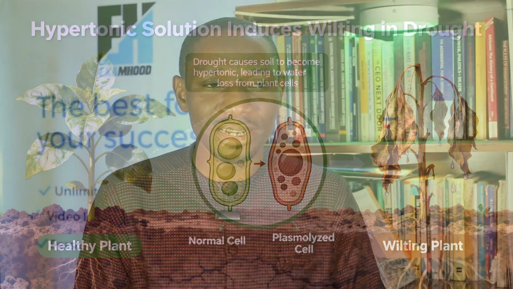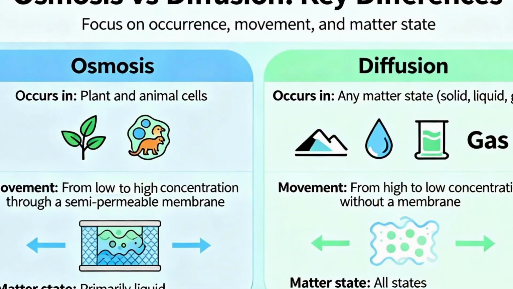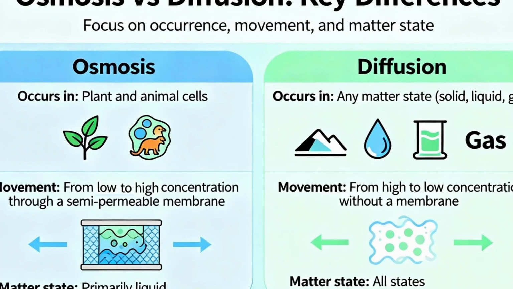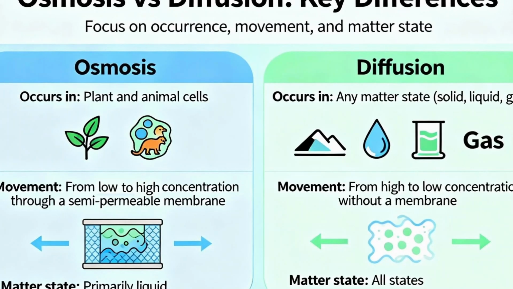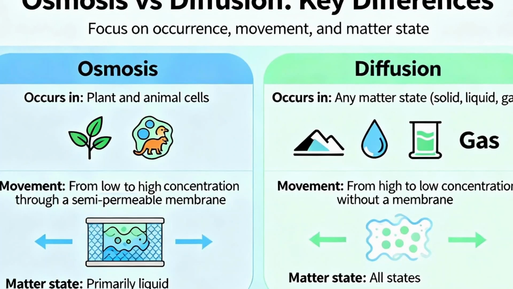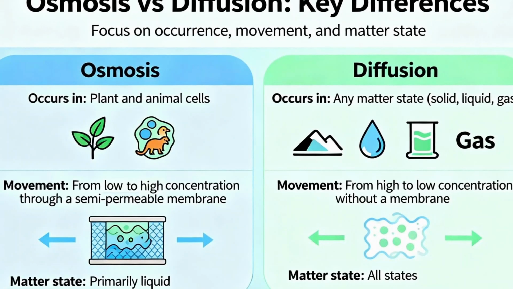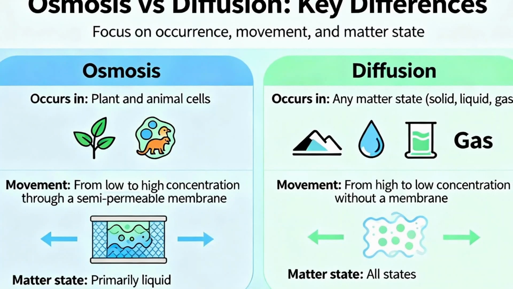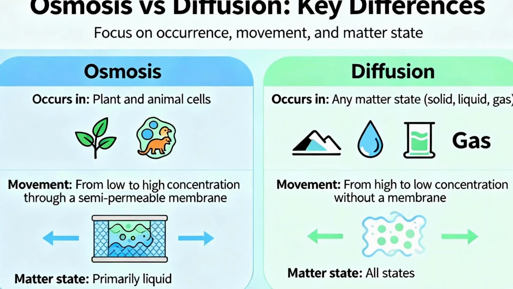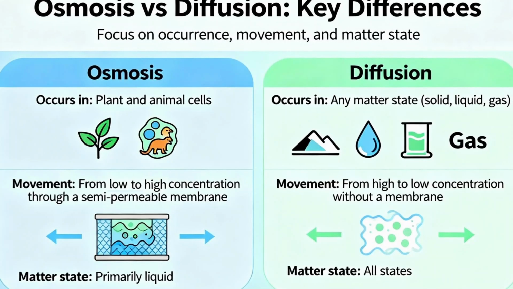Now remember, there are differences between osmosis and diffusion. These are terms that are used together. What are the key differences between osmosis and diffusion? The first one is that in osmosis, there is a semi-permeable membrane, while in diffusion, there's no semi-permeable membrane. Then another one is that in osmosis, it moves from the region of lower concentration to that of higher concentration.